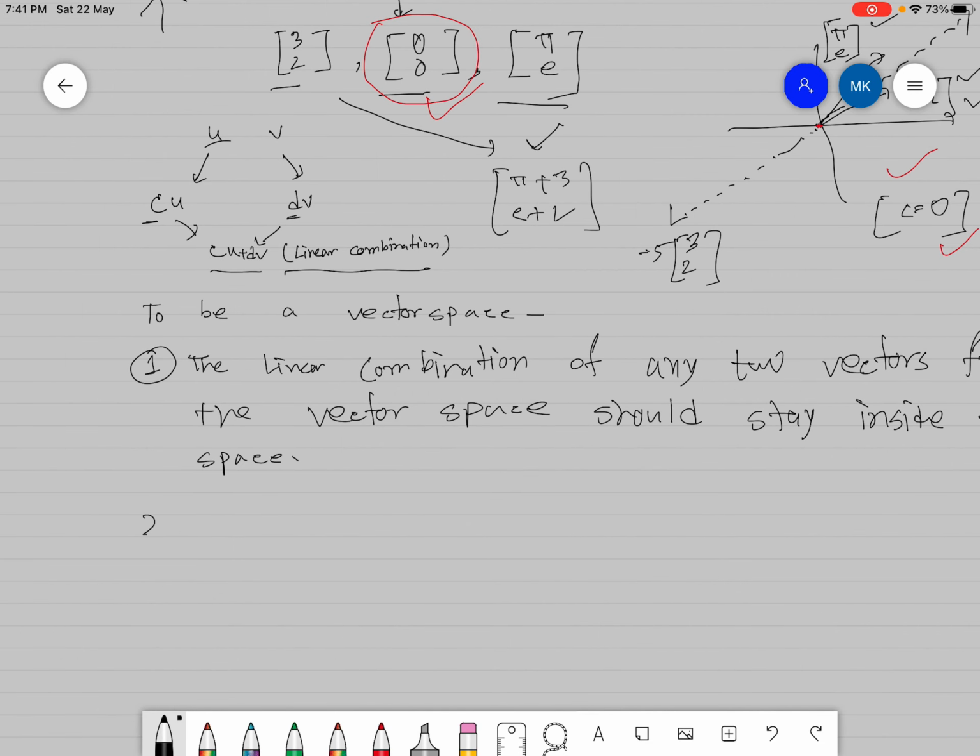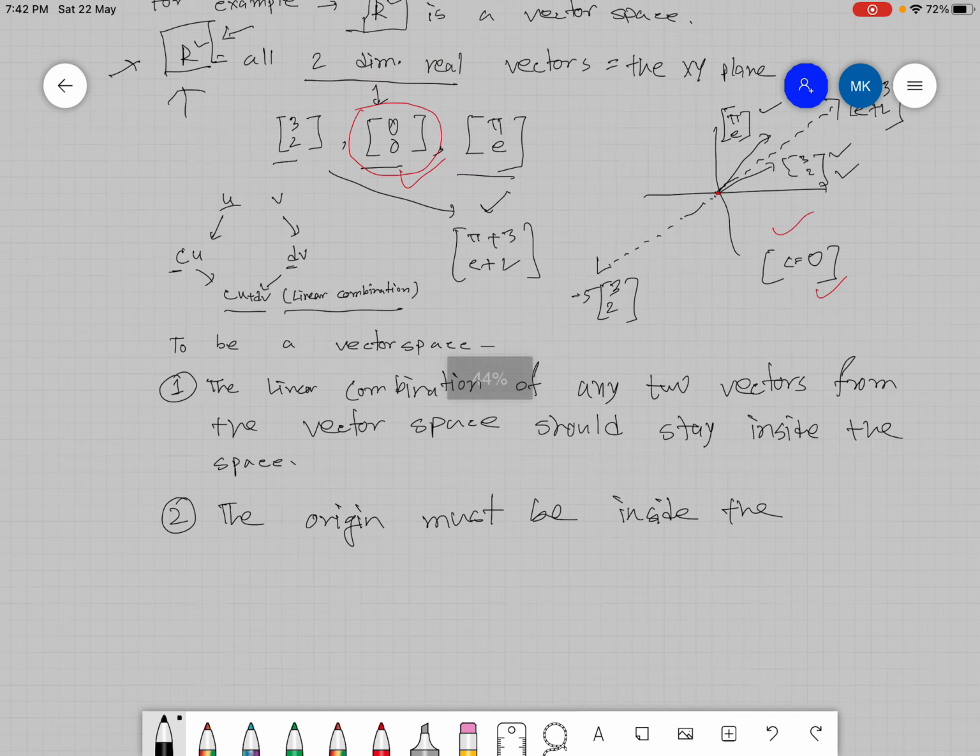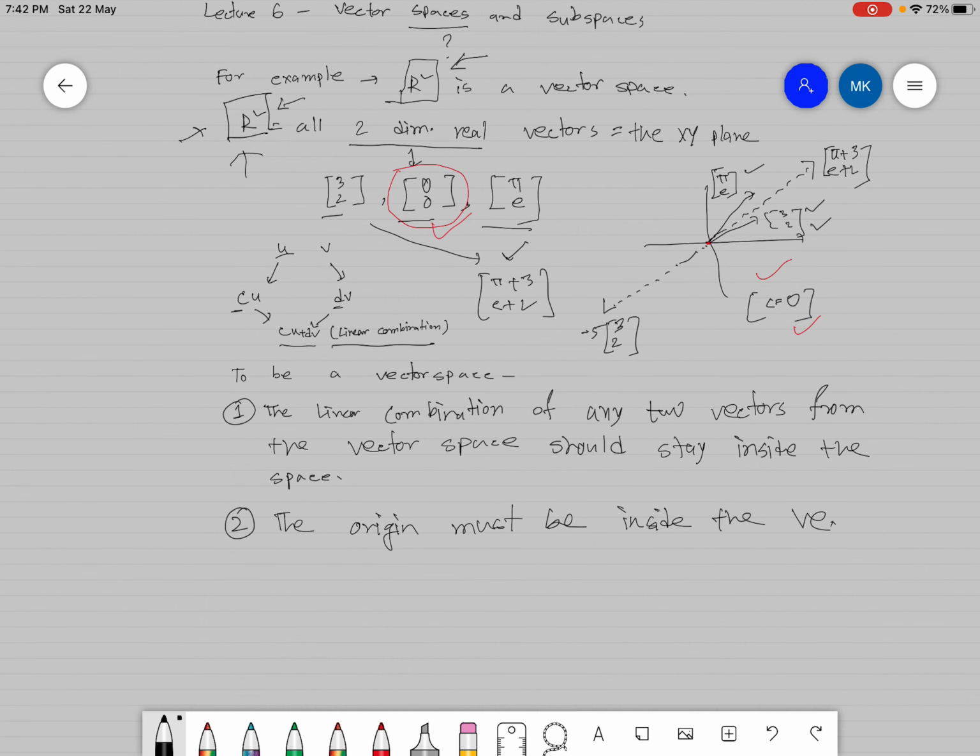And the second one is the origin must be inside the vector space.